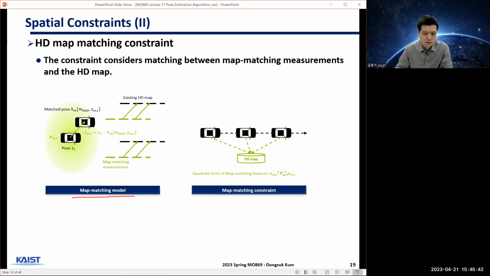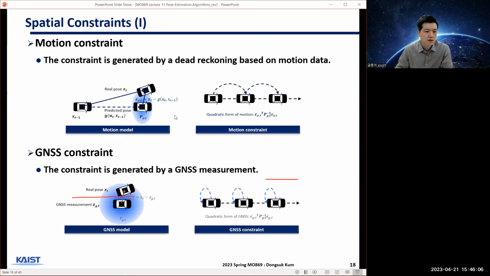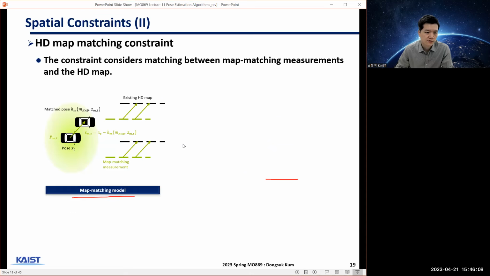This is the quadratic form of the map matching cost. Okay, so that also gives you a distribution over space. So we have three distributions: motion, GNSS, and map matching.